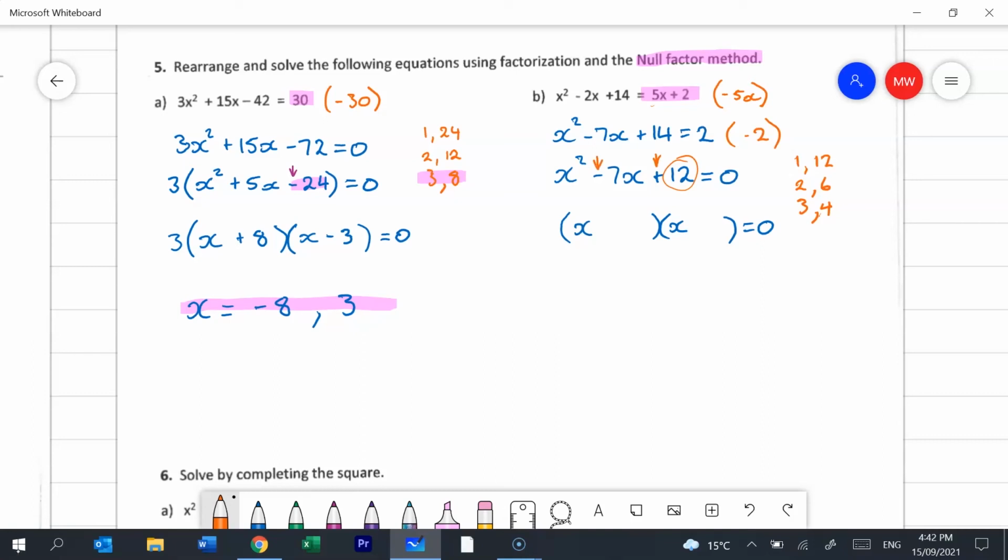And because this one's negative, that means they'll both be negatives. Now I know that minus 3 minus 4 makes minus 7, so I'll fill those in, and we're factorised. So null factor, x will be 3, and it will also be 4. When we get to graphing, you'll see why x has got 2 values. But in a lot of these cases, x is going to have 2 answers when you do the null factor method.